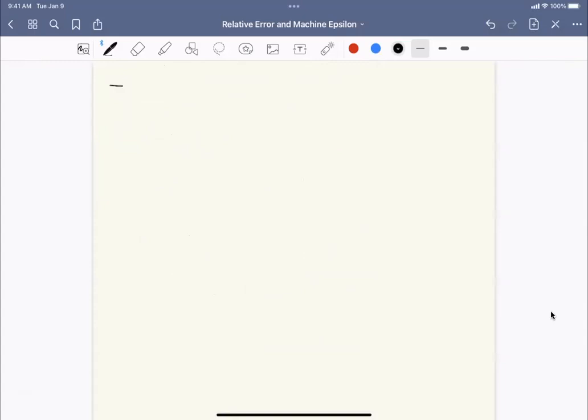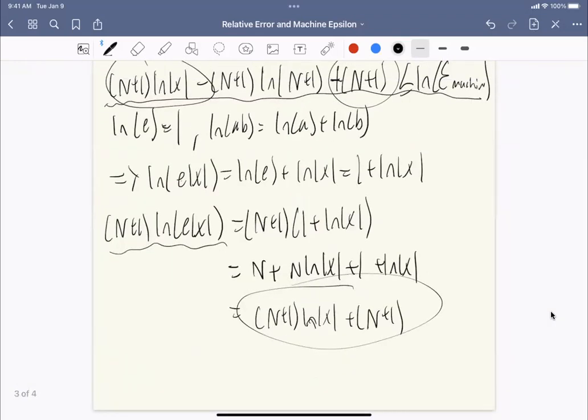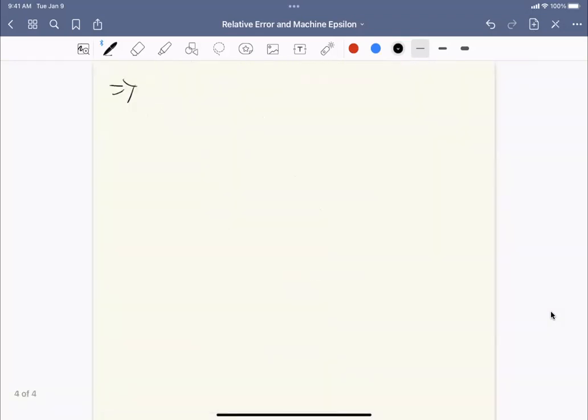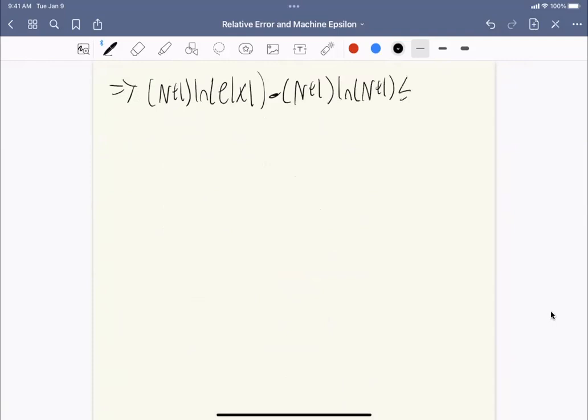So we have n plus 1 times ln of e times the absolute value of x minus n plus 1 times ln of n plus 1. And this is less than or equal to the natural log of machine epsilon still.